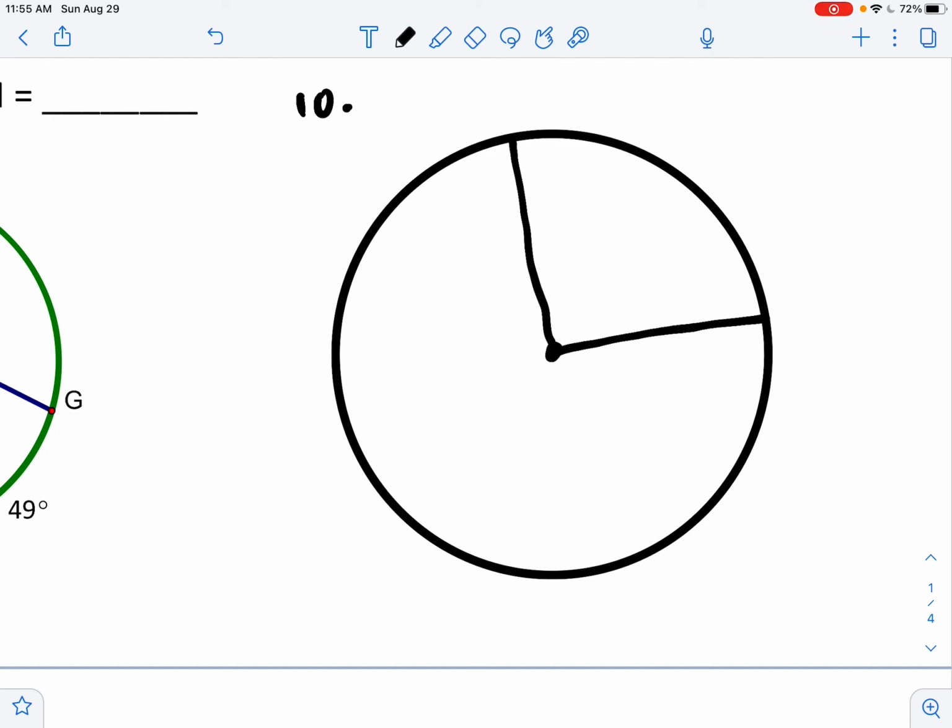But it's this angle right here. And let me do some labeling too, make up some numbers. I'm going to say that the angle is x and that the arc is we'll say 91 degrees.